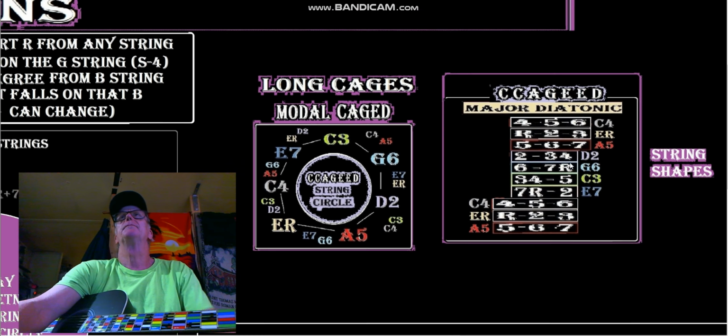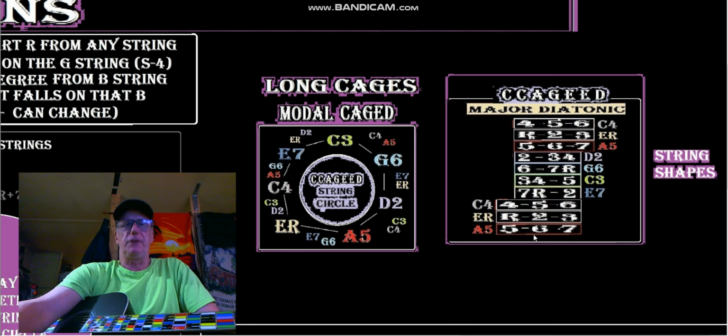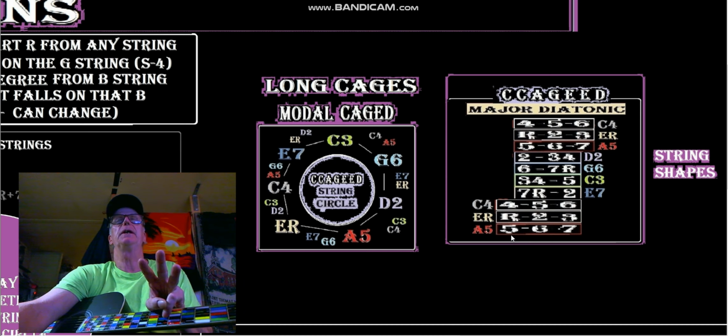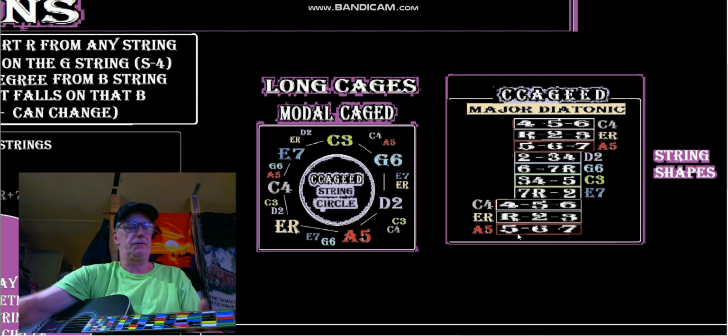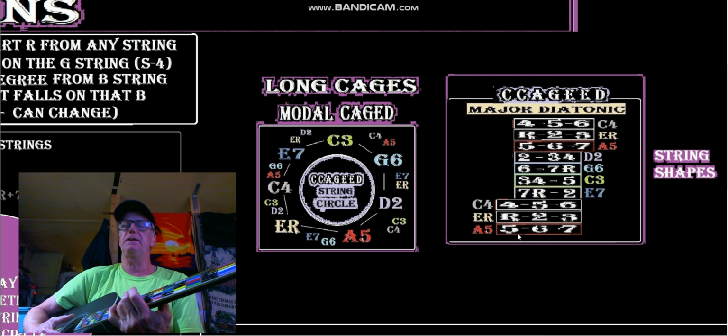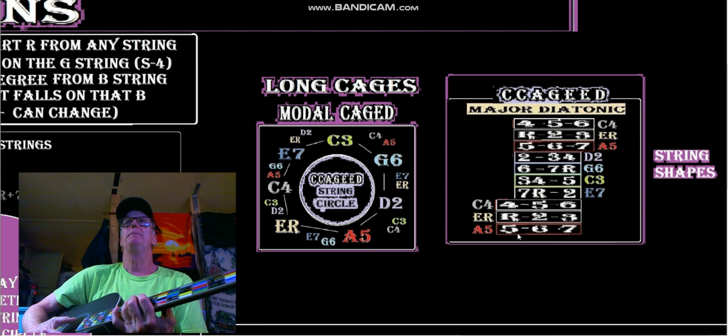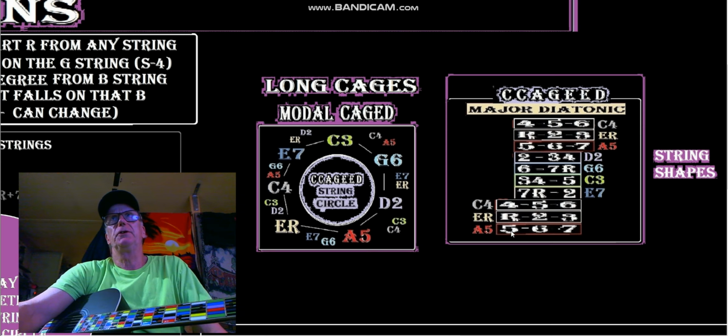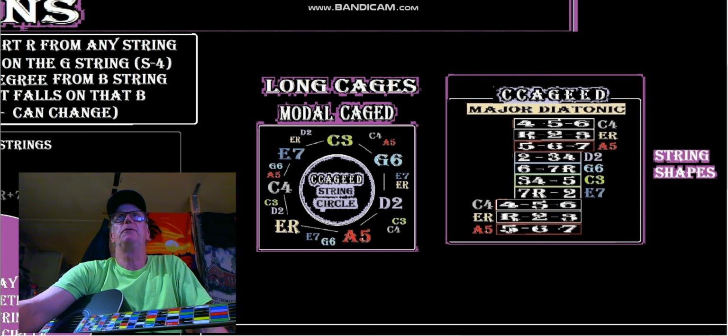Okay, so these are the string shapes. They're 3 notes each string. So if you start on 5, 6, 7, key of C, that would be G, A, B, right? These are in perfect fourths. Fifth to root is a perfect fourth.